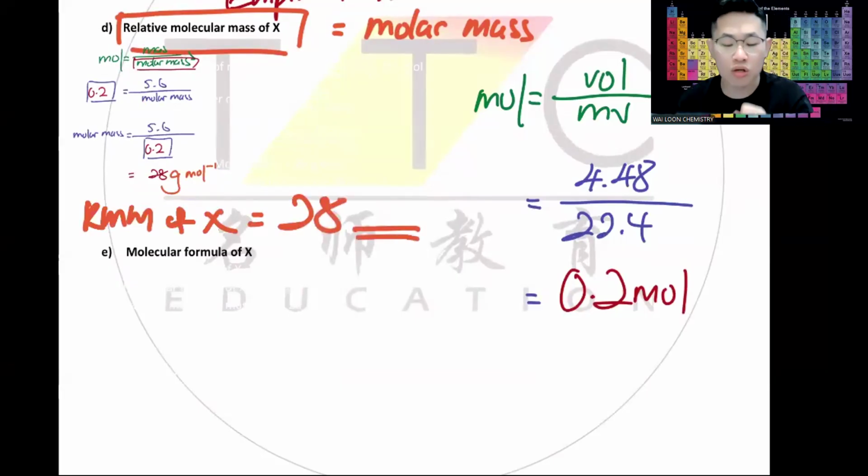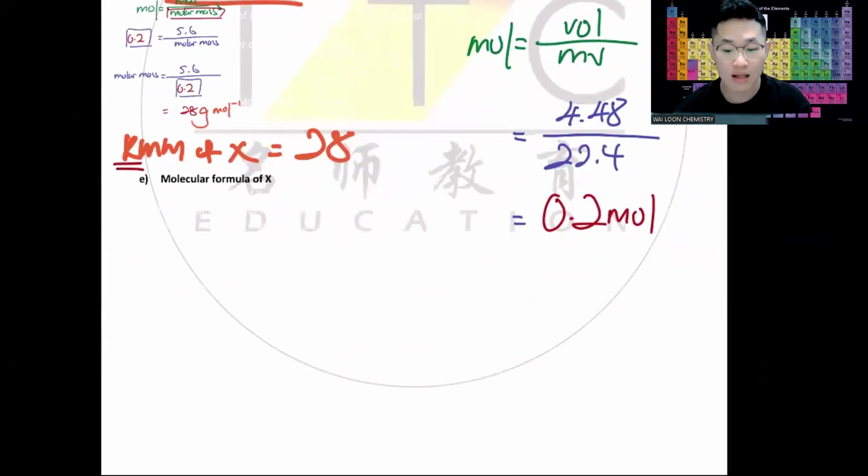Okay, what is the unit for relative molecular mass, guys? Very good. That says no unit. Relative mass should never have any unit. So that's the difference between molar mass and relative mass.